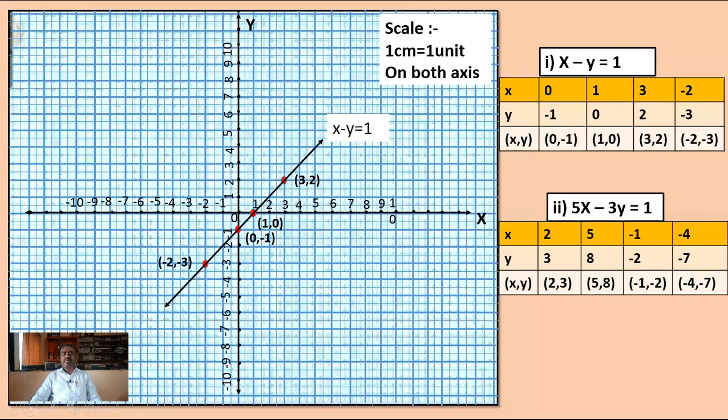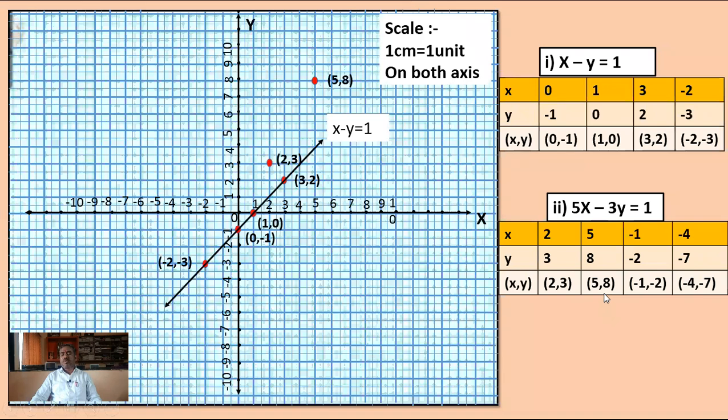Similarly, we plot the coordinate points for the equation 5x minus 3y is equal to 1. First, the point 2, 3: x coordinate is 2, y coordinate is 3.